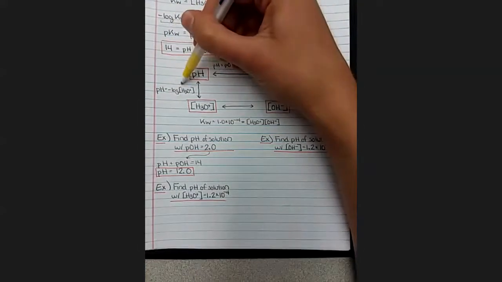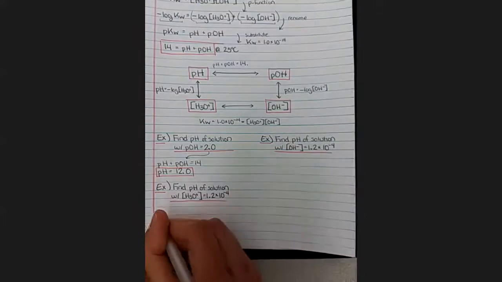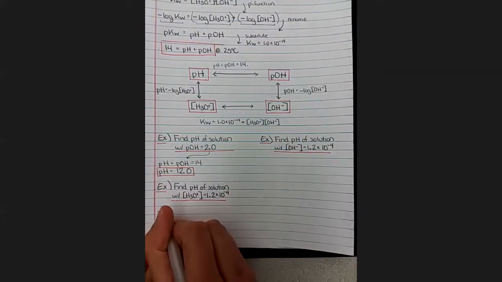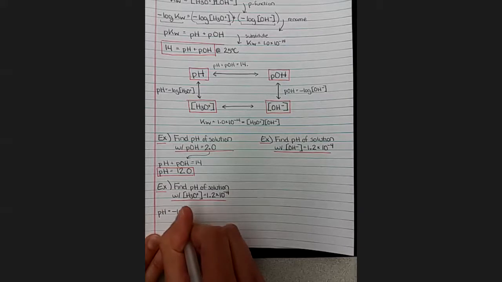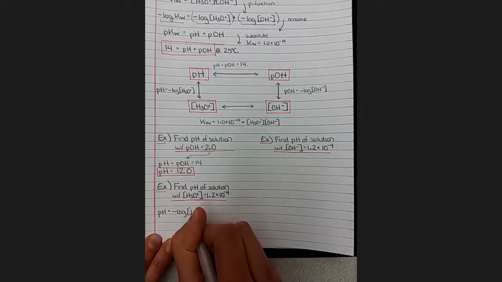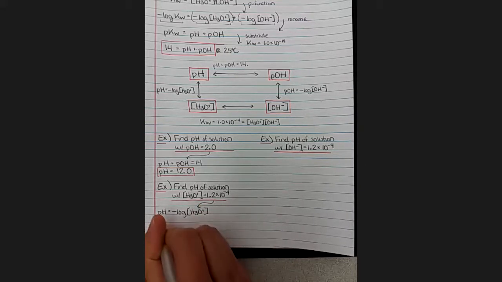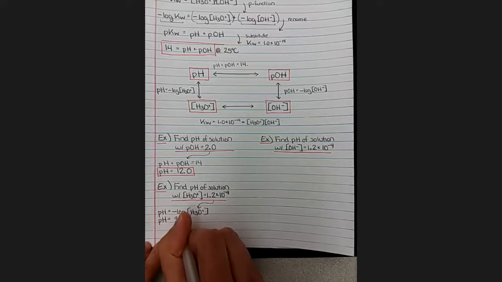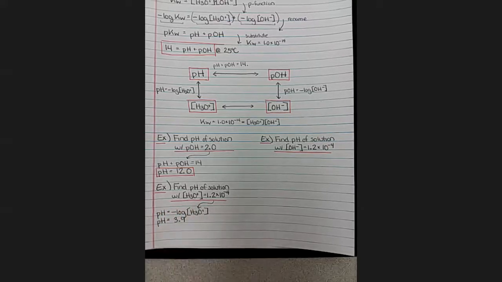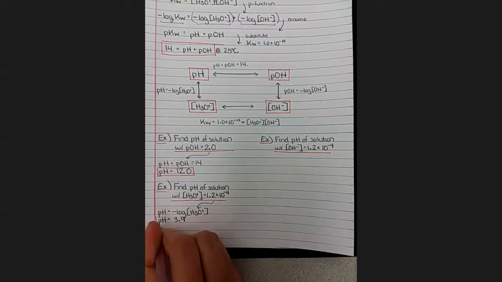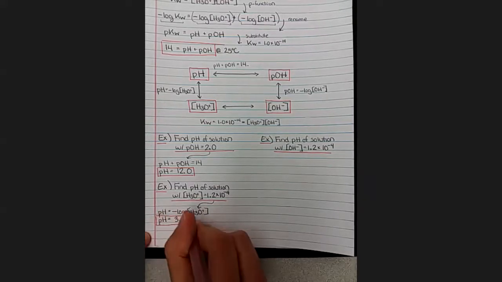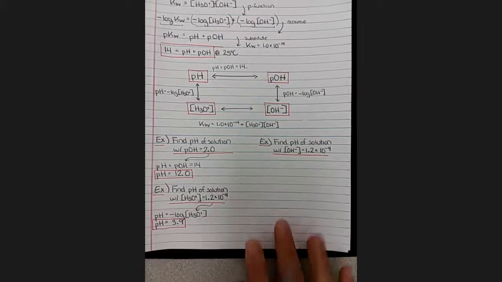So we can use the formula listed on this side. pH equals negative log of hydronium. And hydronium was given. So we can substitute that, take the negative log. We should get 3.9 as our pH. Okay, so far so good.